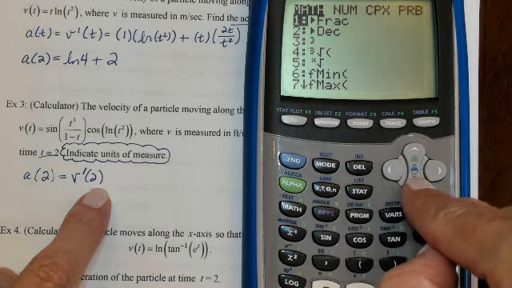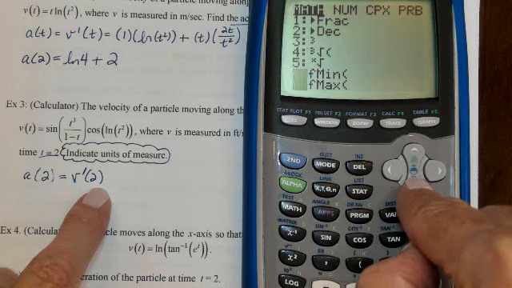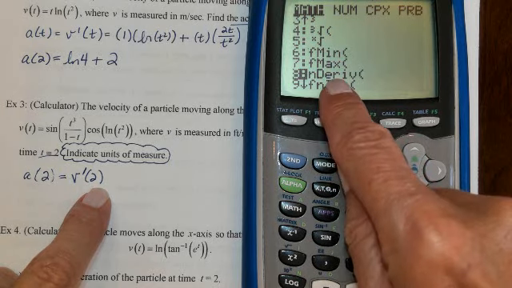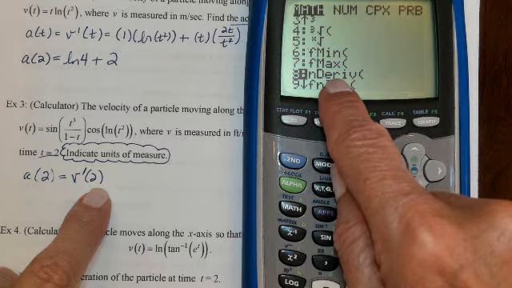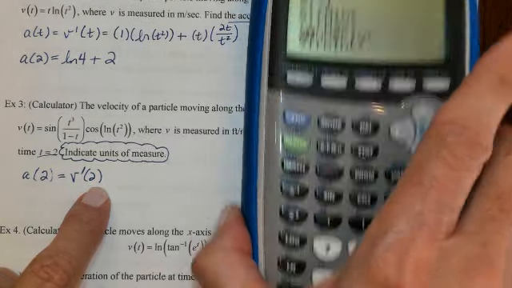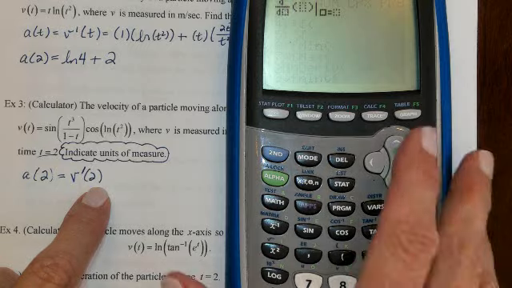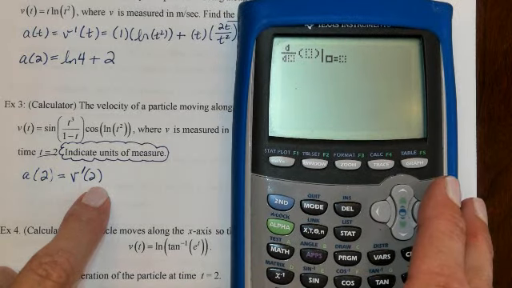So you can either scroll down, there it is right there, math 8. You can scroll down to there and hit enter, or you can just push the number 8. If you push the number 8, you get that. Okay, either way.